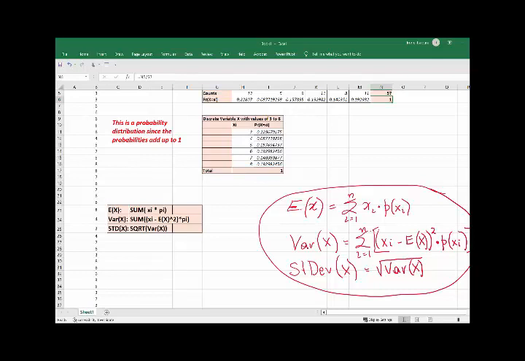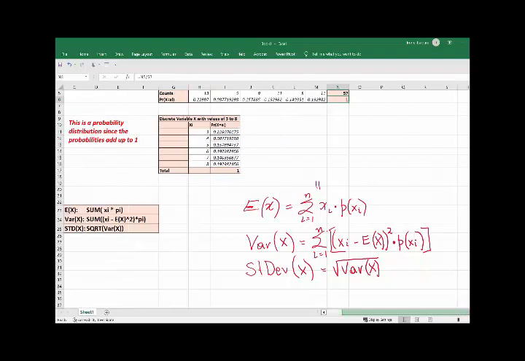The expected value is the sum, this is what the capital sigma represents, for i from 1 to n of xi times the p of xi. If you were going to calculate this by hand, let me show you what this would mean.